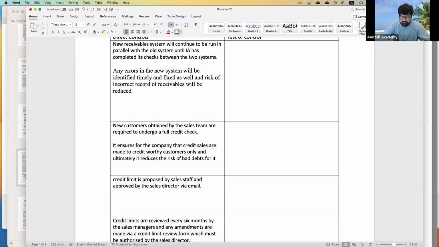What is the benefit? Credit limit is proposed by sales staff and approved by the sales director via email.